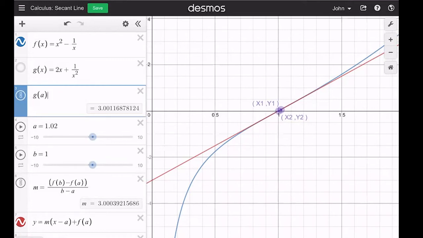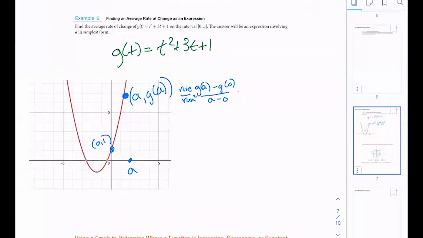That's really nice. So I wanted to do an example similar to one that we've talked about in class, where we have this g of a minus g of 0 over a minus 0 form, where it was g of x minus g of a over x minus a in a couple examples before.